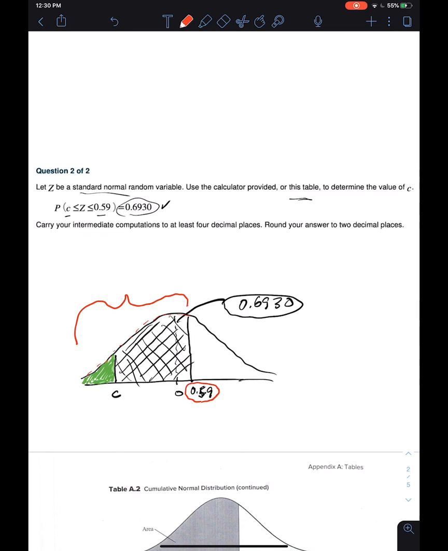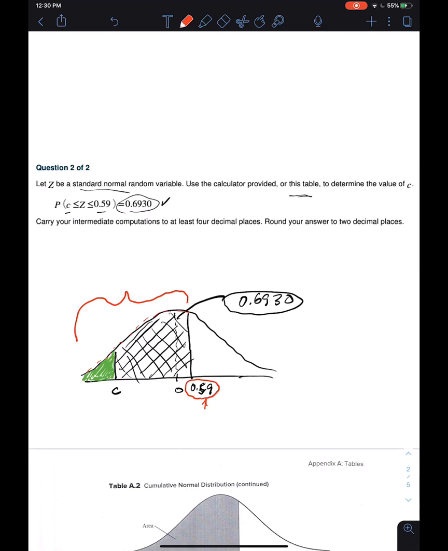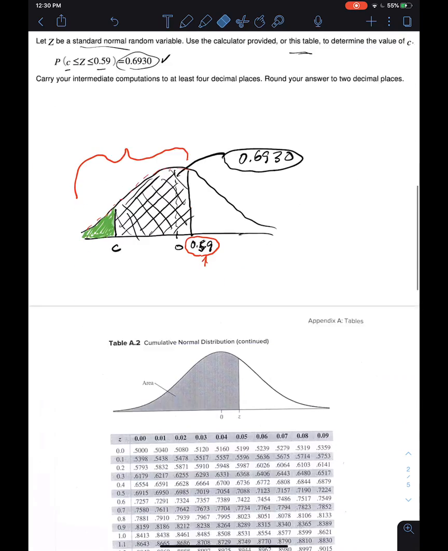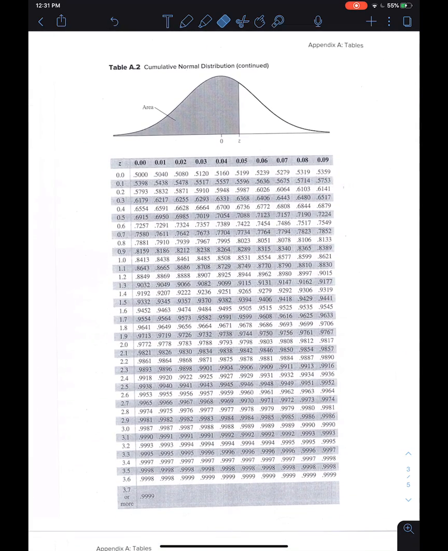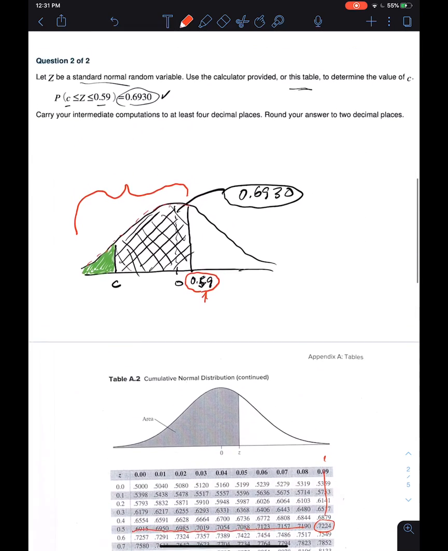And once I have that area, I can subtract out the black shaded area to get the green, right? So let's see how that goes. Let's look up a z-score of positive 0.59. Positive 0.5, there's 9 right there. So that is 0.7224.